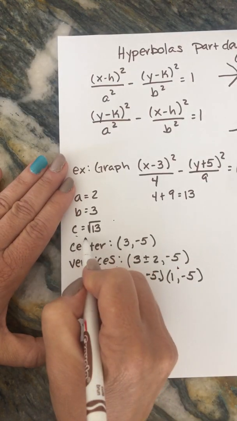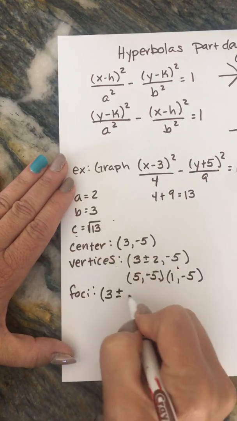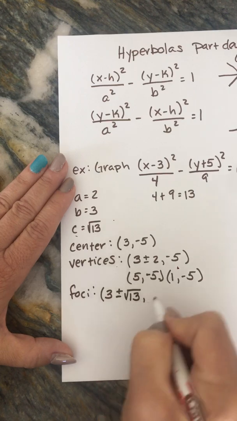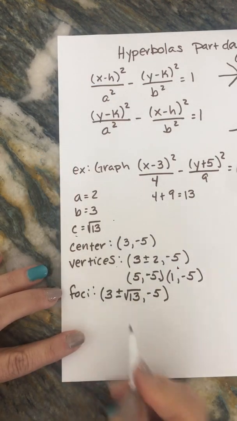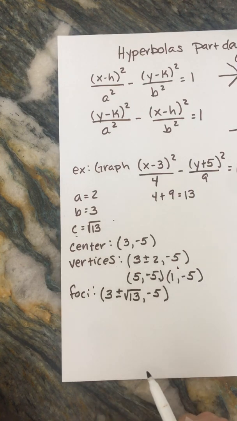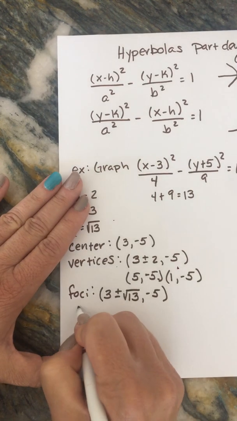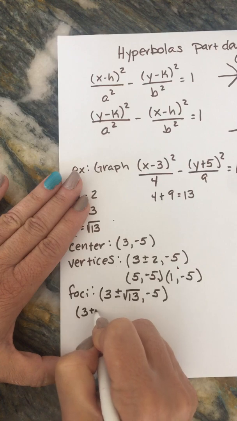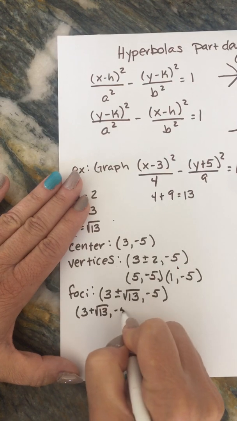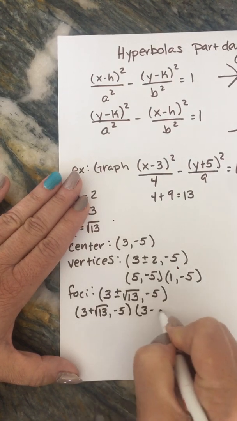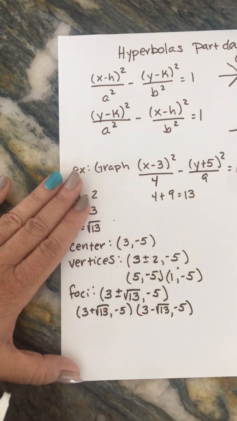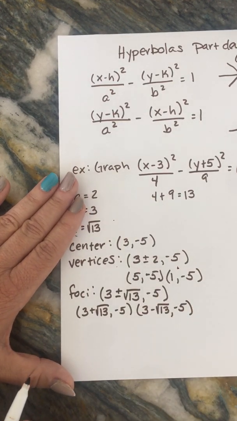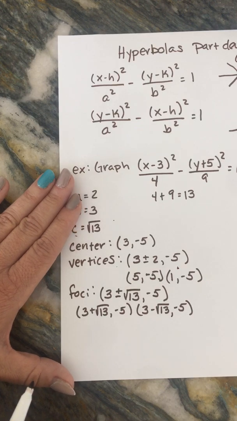So c is square root 13, so I'm going to go plus and minus square root 13, and I will stay at negative 5 for the y coordinate. I'm not going to actually add those together. I'll just leave it as plus and minus square root 13. Or if you want to write it as two different ones, 3 plus square root 13, negative 5, and 3 minus square root 13, negative 5. Those are your foci.